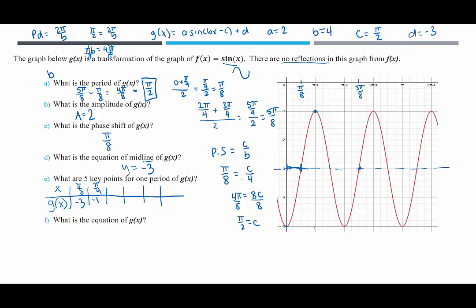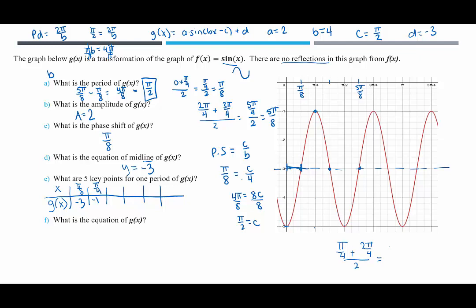Going back to the middle, right here is our next key point. We don't have the x coordinate, so we're going to have to do a little bit of work for this one. Do you remember how we find this particular x coordinate? We need exactly halfway between pi over 4 and pi over 2. So I'm going to take the average of those, pi over 4, and remember we're going to rewrite pi over 2 as 2 pi over 4, and divide by 2 because we're taking the average.